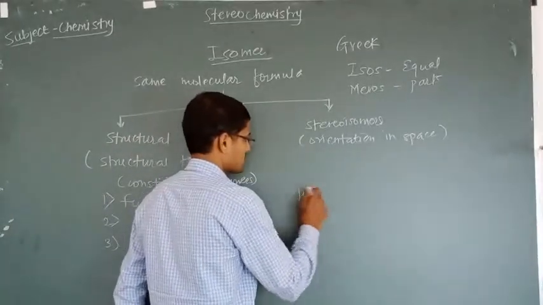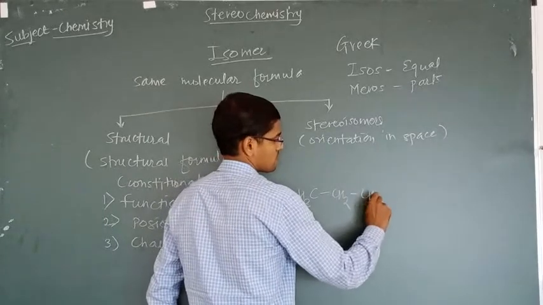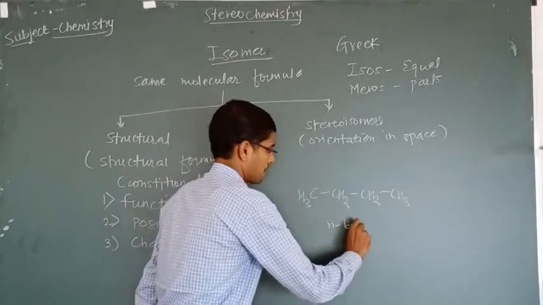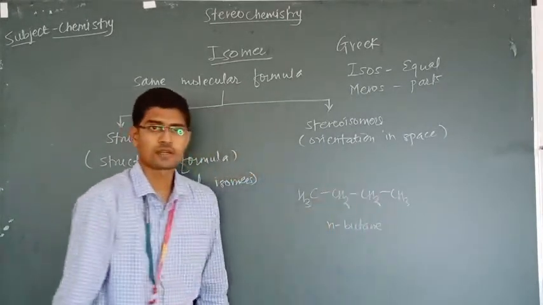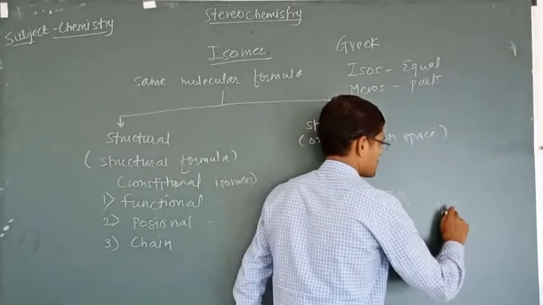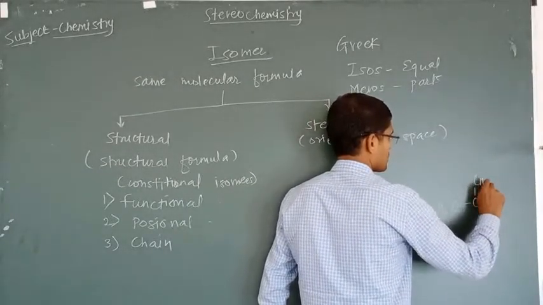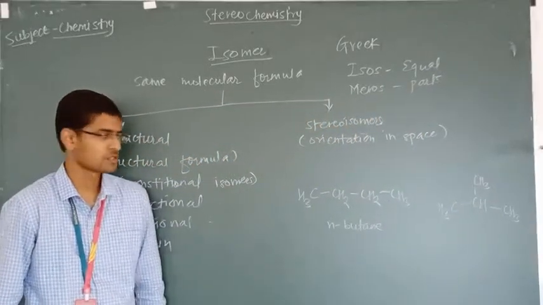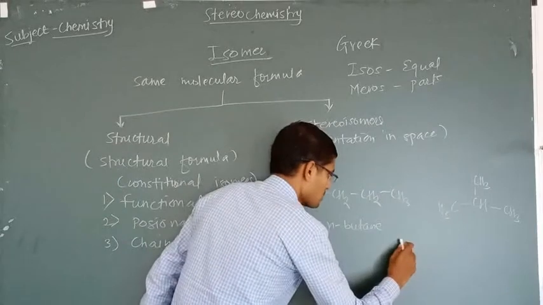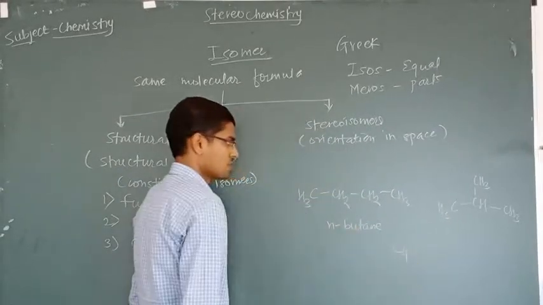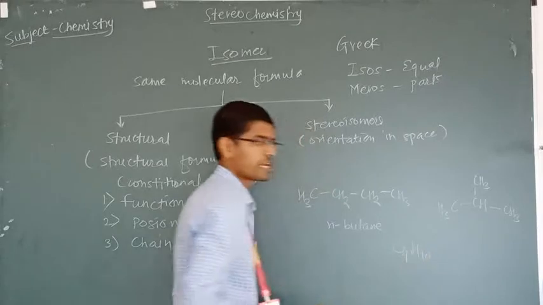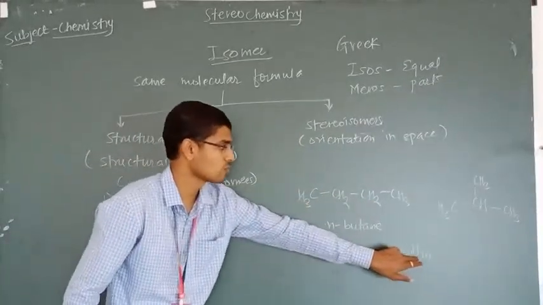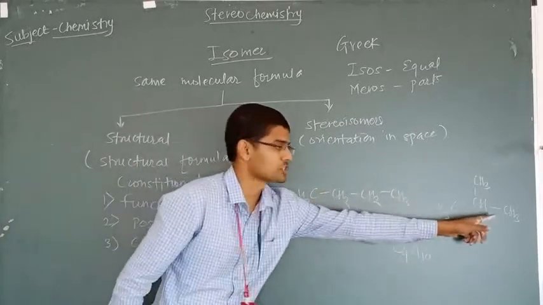For example, CH3CH2CH2CH3, n-butane, and CH3CH(CH3)CH3, 2-methylpropane. Both have the same molecular formula, C4H10. So they are isomers.